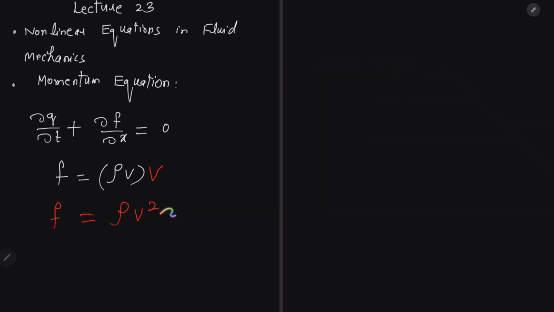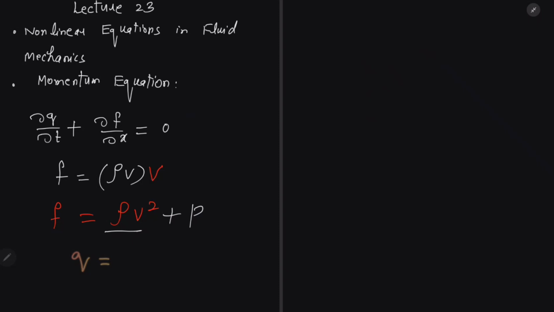So we need to add the pressure here. Formally, the flux will be due to the momentum which is transported, and then we have the momentum due to the pressure. We put this value here, and we also replace Q with some other value.